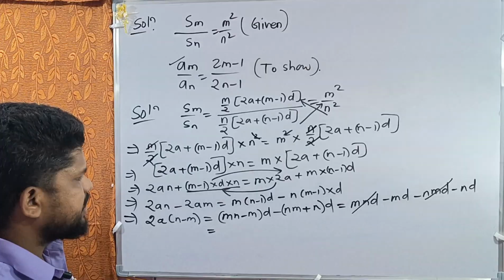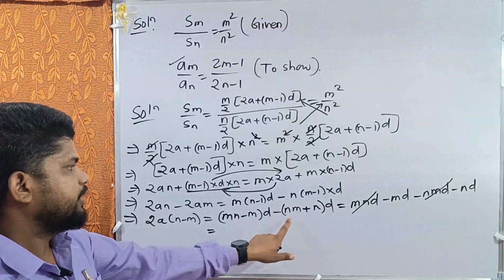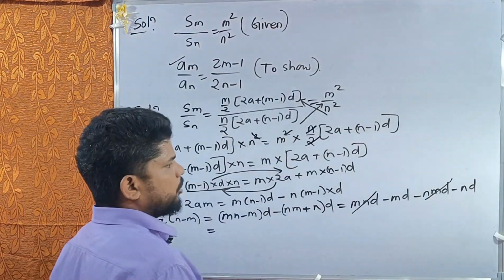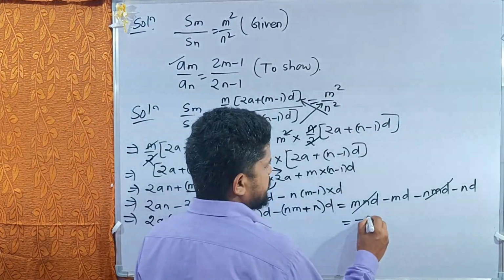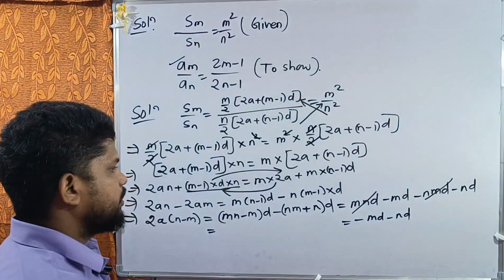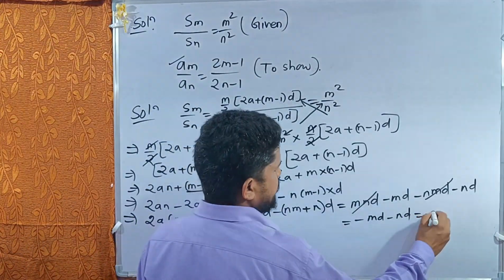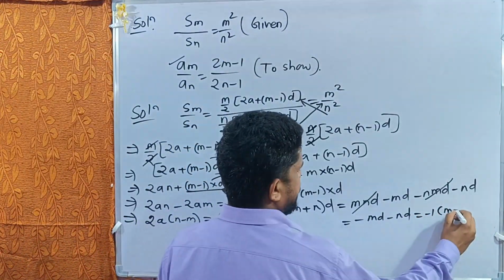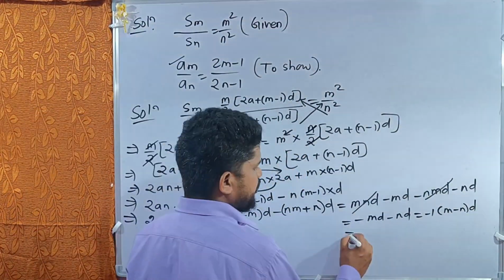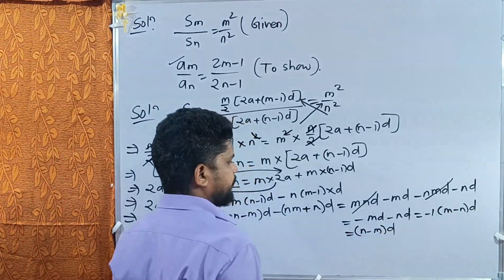What remains is minus md plus nd. Taking minus 1 as common, we get minus (m minus n) d, and again taking minus 1 as common, we get (n minus m) into d.